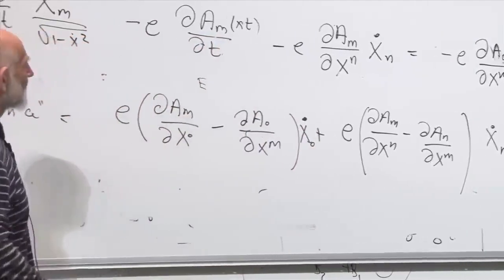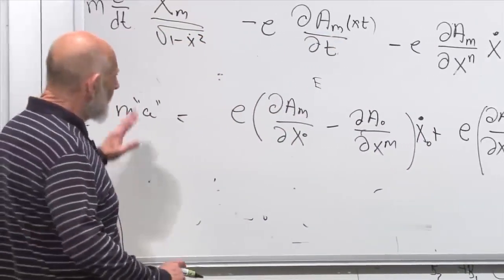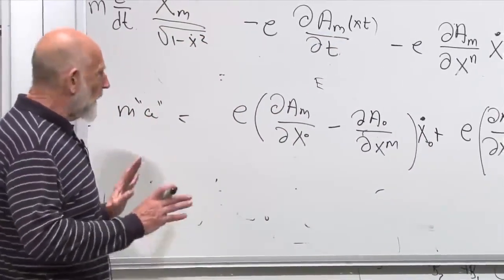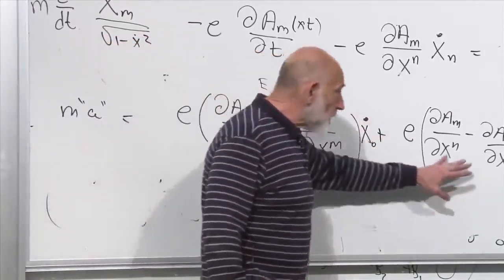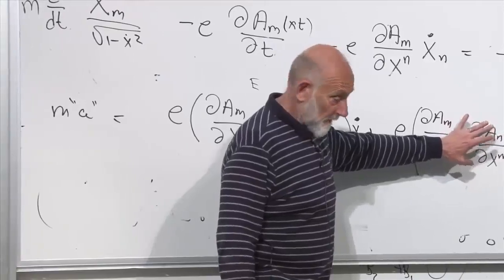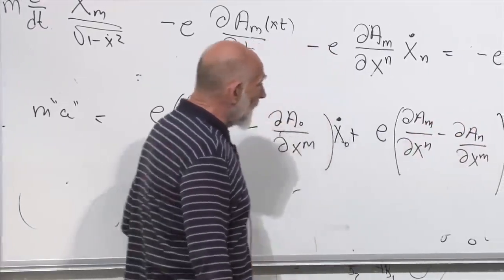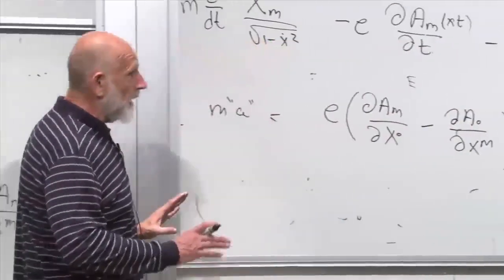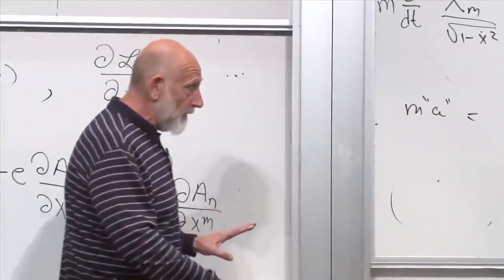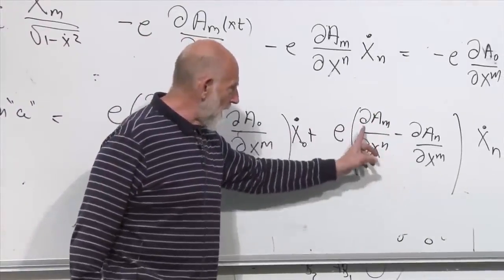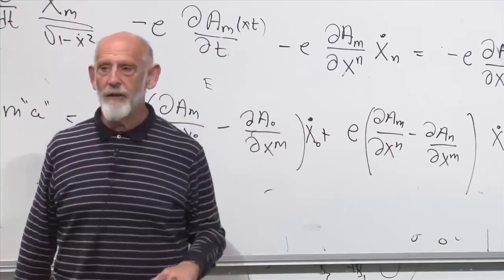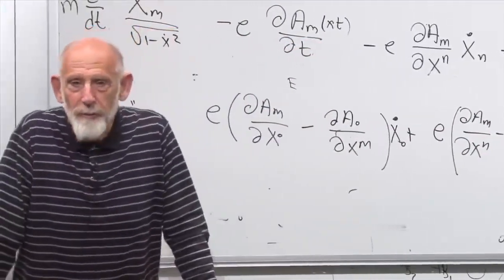Okay, so this is the form of the equation of motion. This is the electric field. This, of course, is the magnetic field. To identify in detail the components of the magnetic field, what is this operation over here? What mathematical operation have I done on the components of the vector potential?